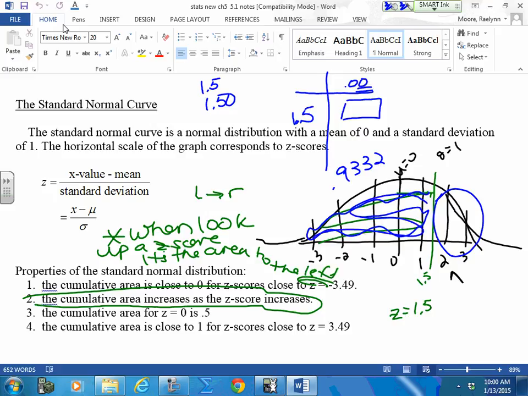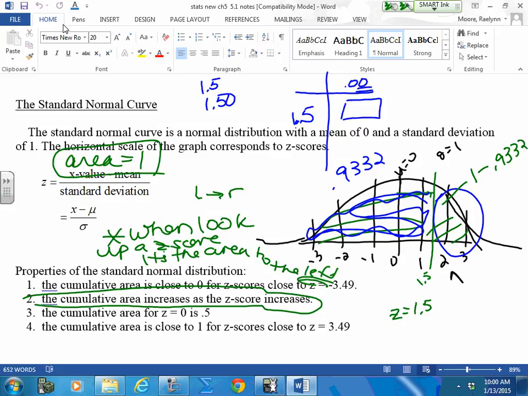Now, if I wanted the area to the right, I'm going to use the fact that the standard normal curve has an area equal to 1. So therefore, I can come over here and say 1 minus 0.9332.